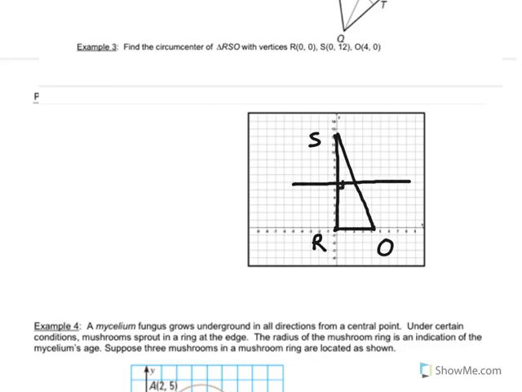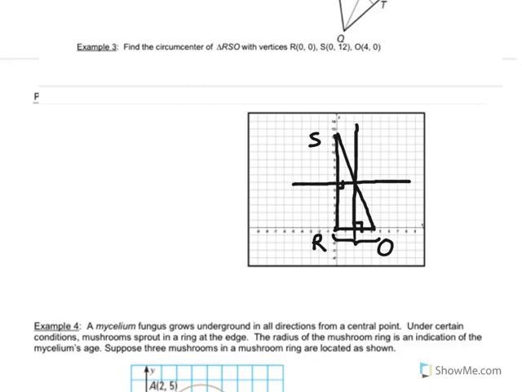And likewise, at RO, this is 4 units long, so we know the midpoint is at 2, 0, and vertical lines are all perpendicular to the x-axis, so we can draw that vertical line, and there's our perpendicular there.